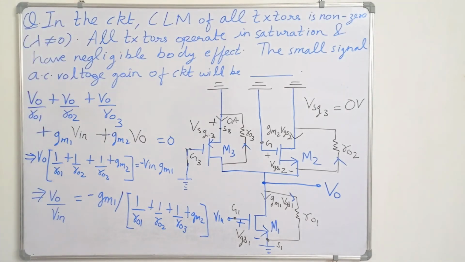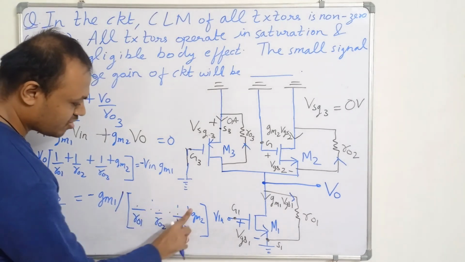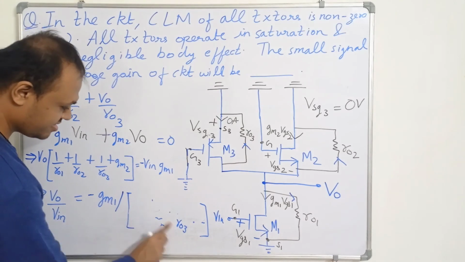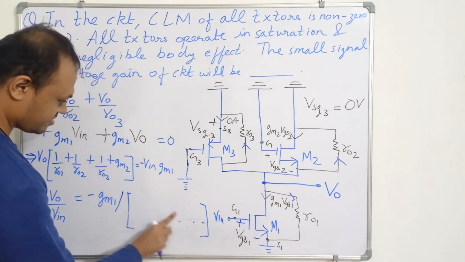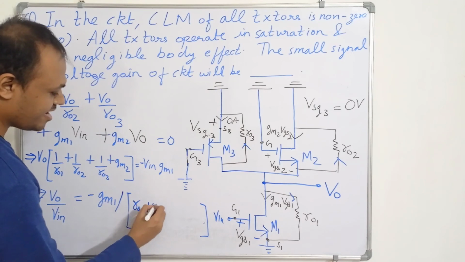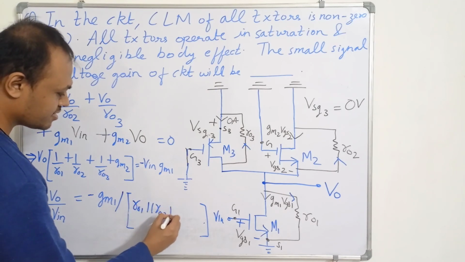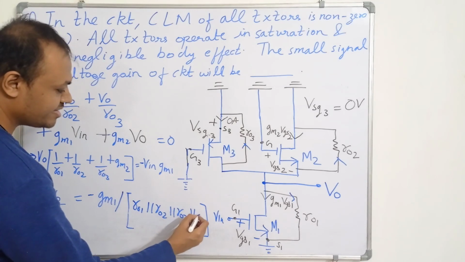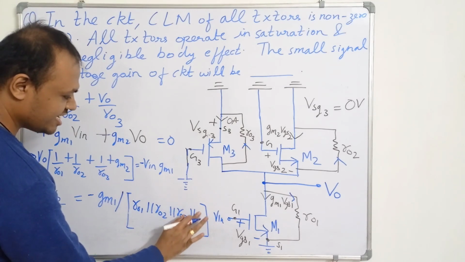So this is the answer for V0 upon Vin. We can also write it like this, because they are in division: RO1 parallel with RO2 parallel with RO3 parallel with 1 upon GM2.